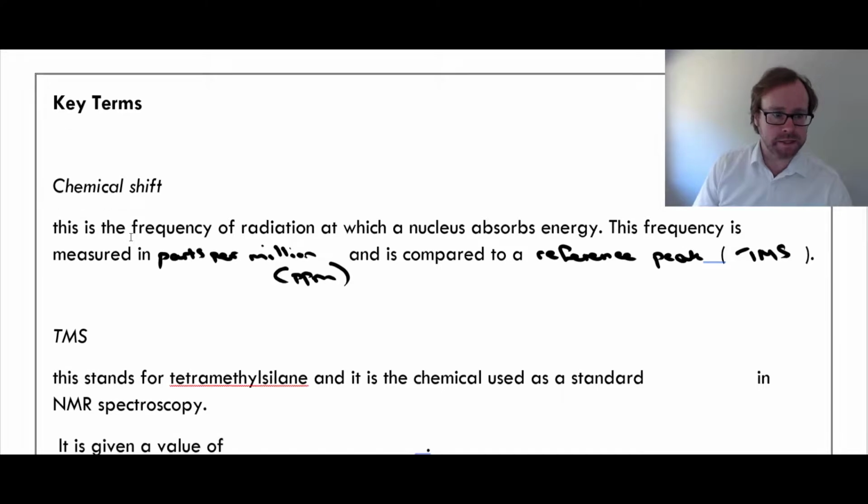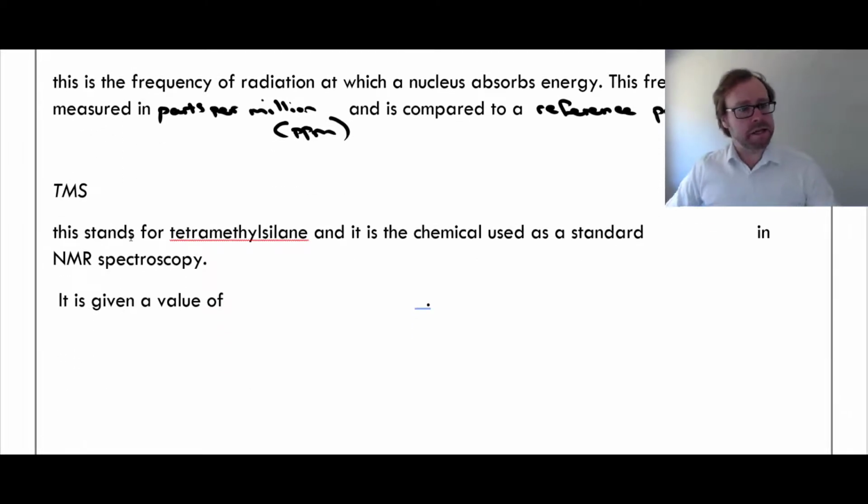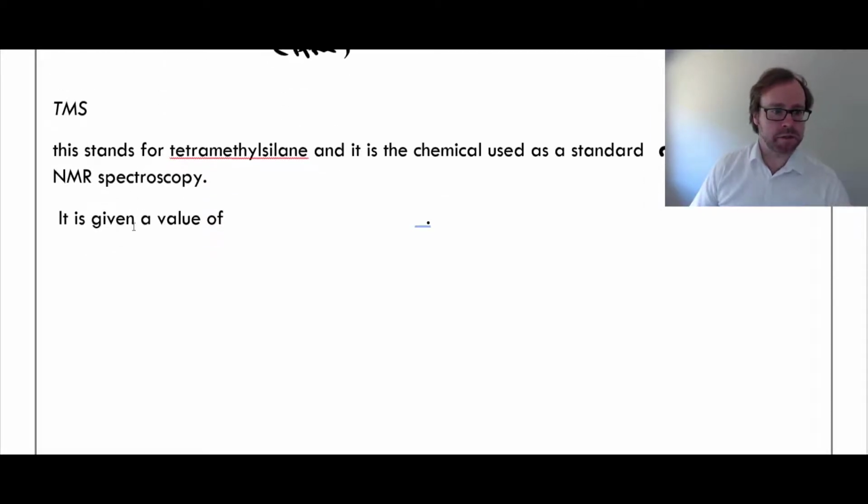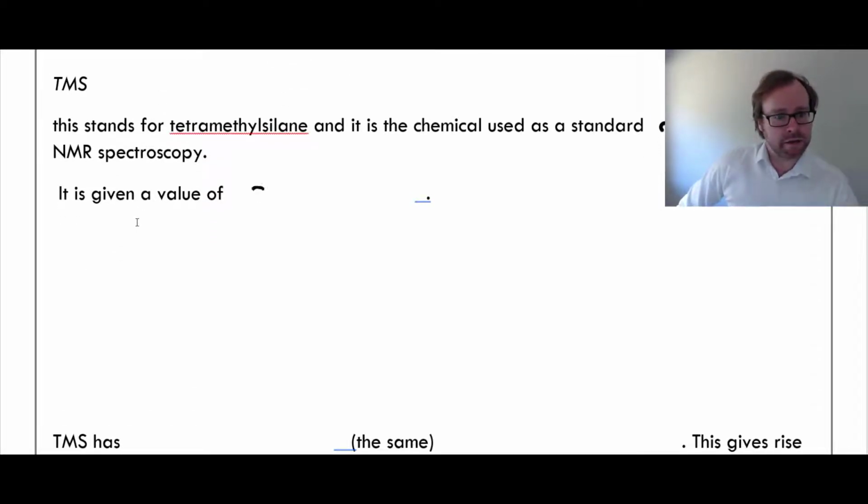Okay, so what is TMS? TMS stands for tetramethylsilane, and it is the chemical used as a standard reference in NMR spectroscopy, and it is given an arbitrary value of 0 ppm.